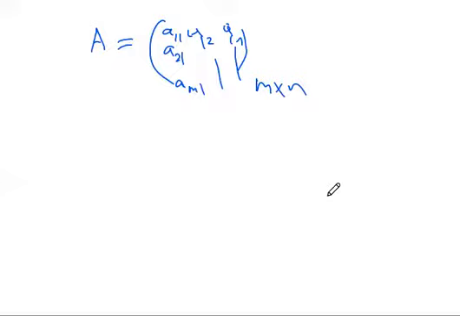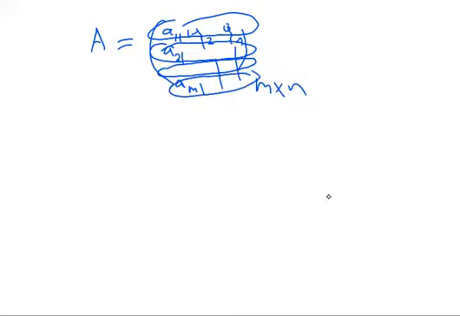So if you separate this matrix, let's consider only rows. All rows. How many rows are there? There are m number of rows.